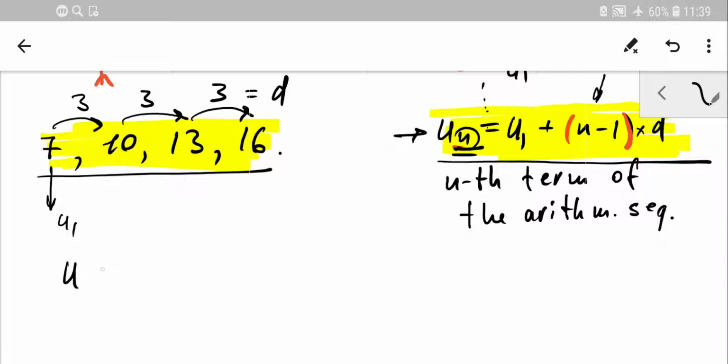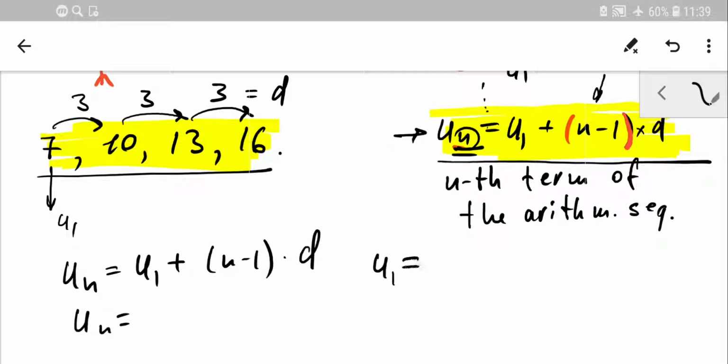So how can we get the nth term? We start from the first term, we add n minus 1 steps, and each step length is d. Let's just write using our parameters. So u1 is 7, the difference is 3, we just directly plug those parameters into our formula: 7 plus n minus 1 times 3.